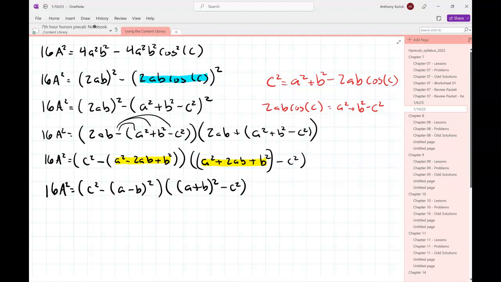Look what we have in each set of parentheses there. It's another difference of two squares. Ah, so much factoring, Mr. Kulik. Yeah, but it'll be worth it.